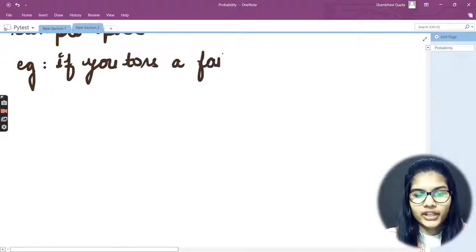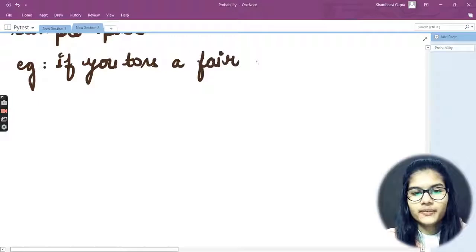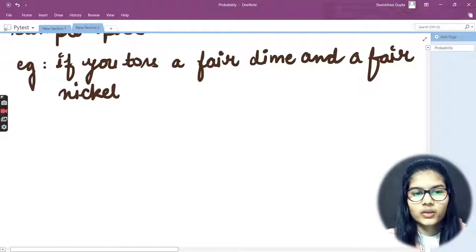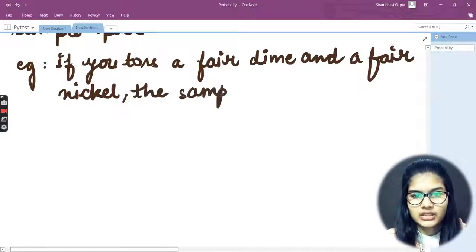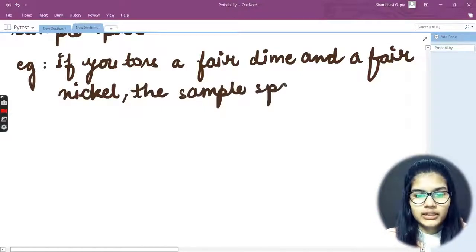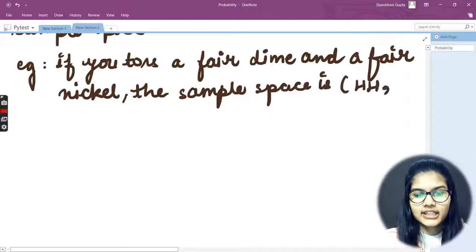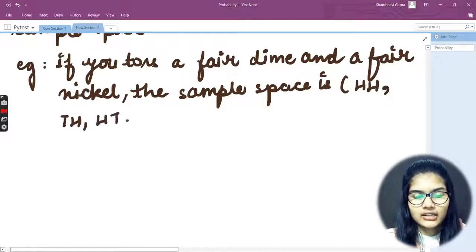if you toss a fair dime and a fair nickel, or you can say two coins, the sample space is: head, head; head, tail; tail, head; tail, tail.